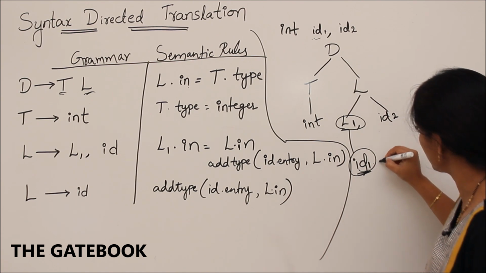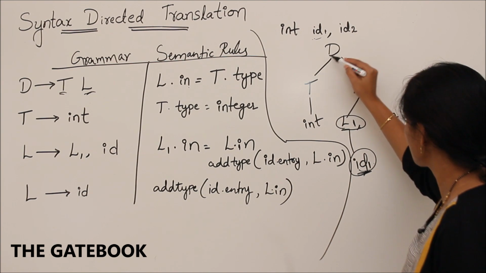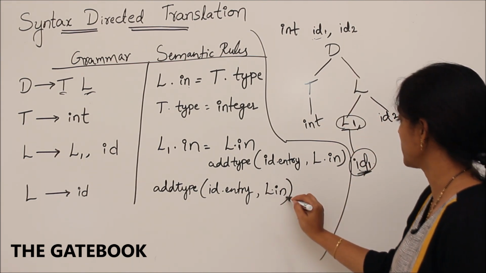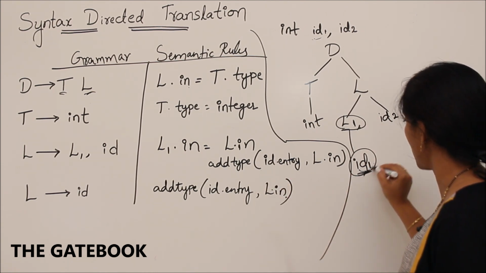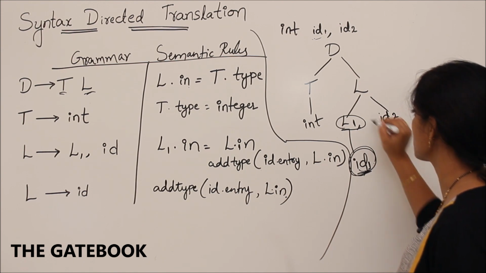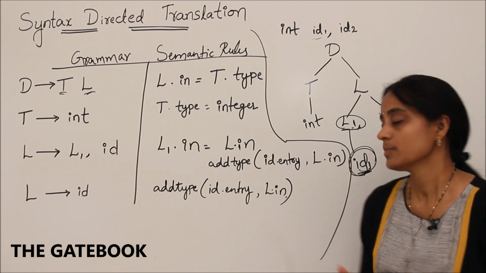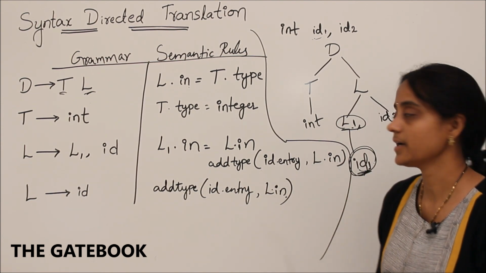That means this identifier is depending on L1. In the synthesized case, this depends on the children node, but in this case, because it is an inherited attribute, the type of this is depending on the inherited attribute of L1. So before we add this entry, we need to compute that inherited attribute.